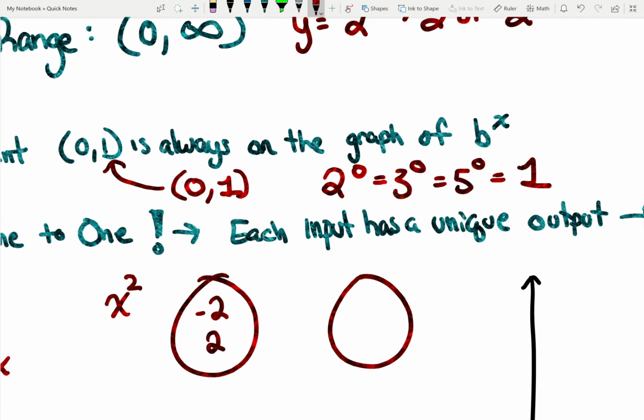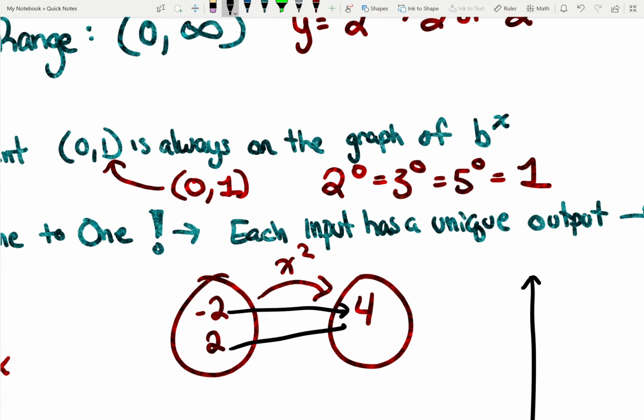I said if you plug in -2 and 2, you get 4. 1 to 1 means that this case will never happen, that every unique x goes to some unique y.